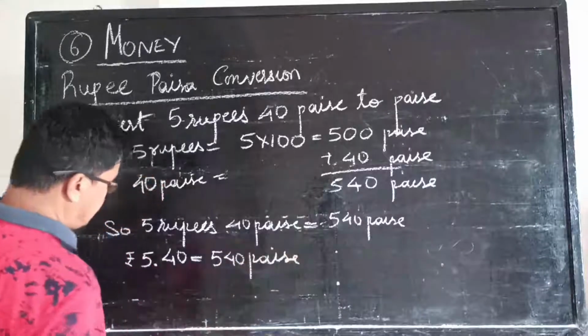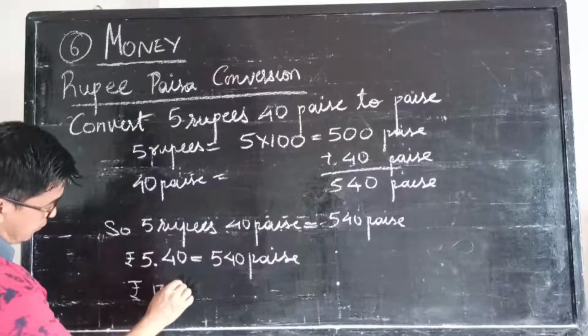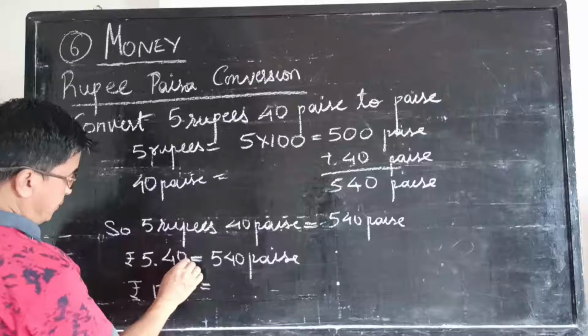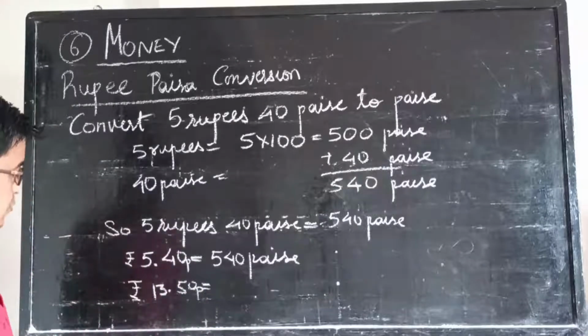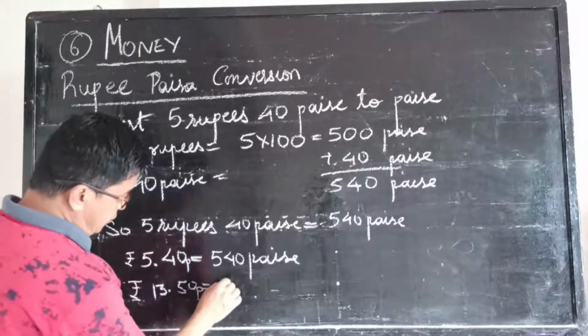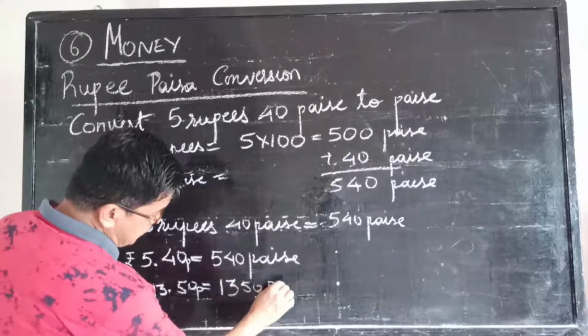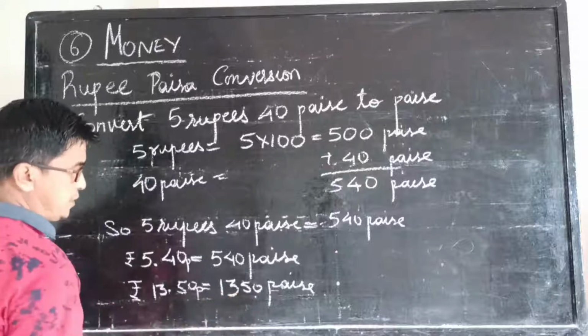Another example, supposing 13 rupees 50 paise. To convert into paise, you just remove this dot. Now 13, don't write this dot, 50 paise, that is 1350 paise.